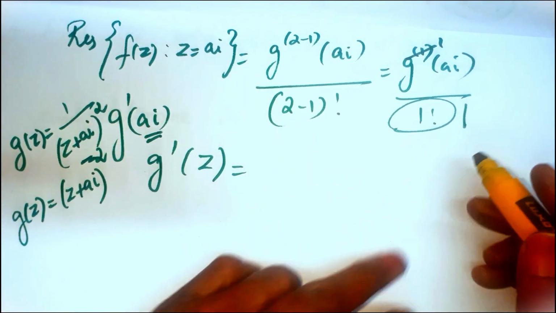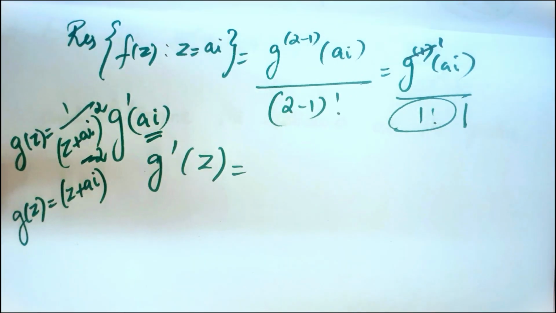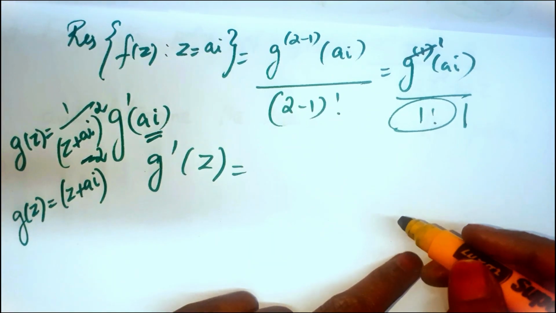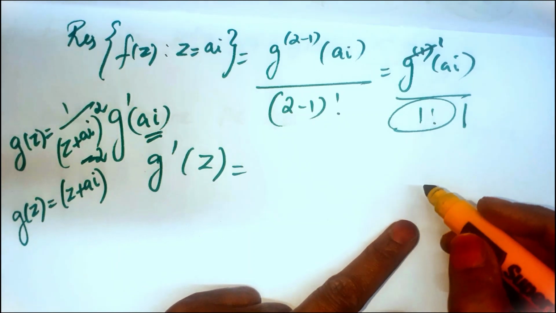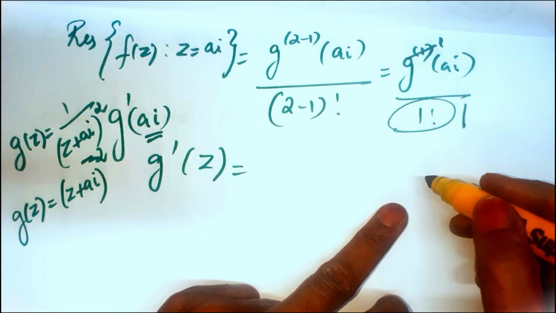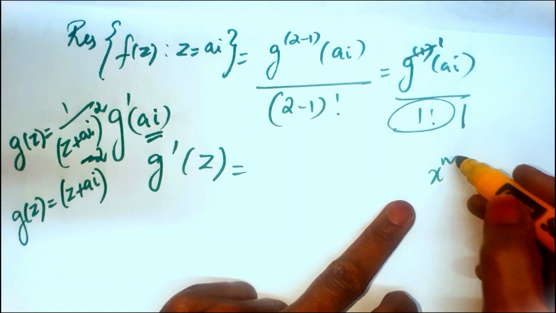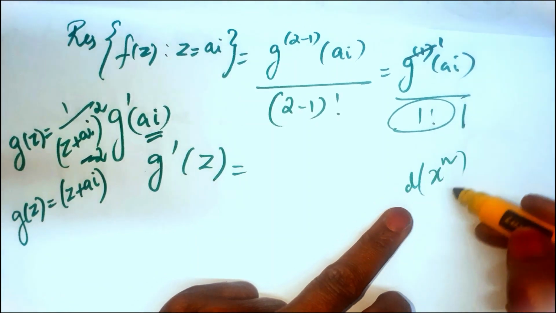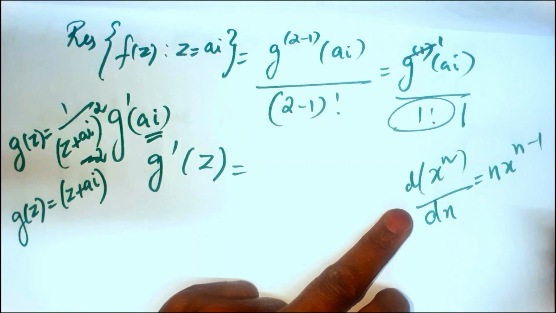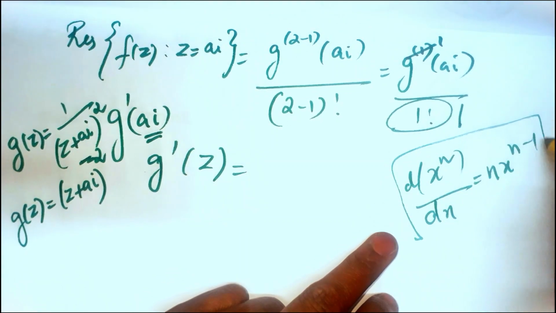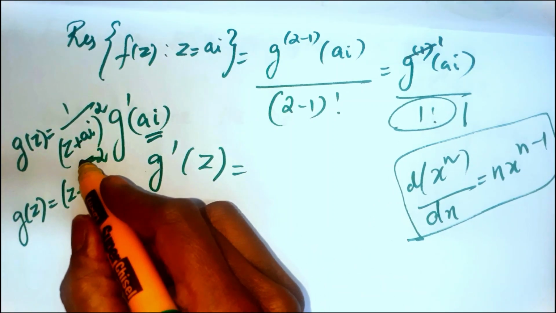For example, tell me if I have x power n, when I differentiate this with respect to x, what do I get? n x power n minus 1. This is the general formula, right? So using that, this power is minus 2.